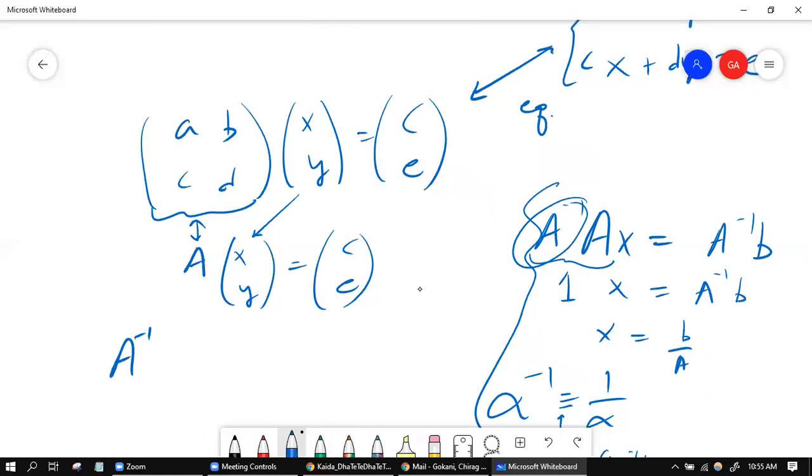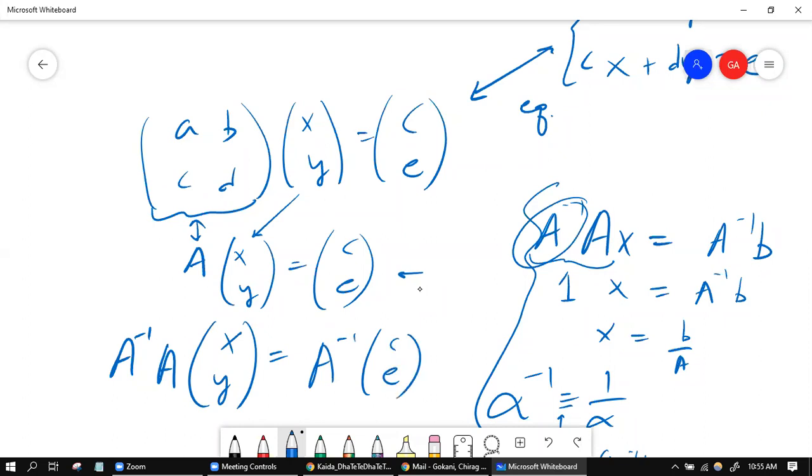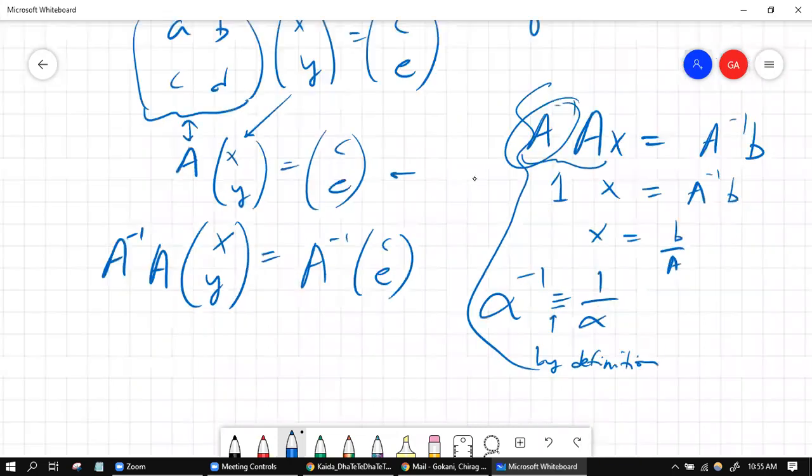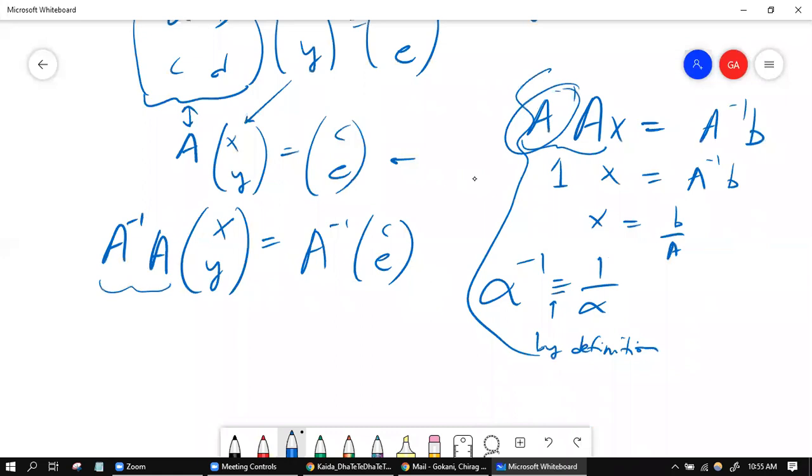That's what it's called. If it exists, then if we multiply this entire equation through by A inverse, then A inverse times A would be your analogous 1, right?